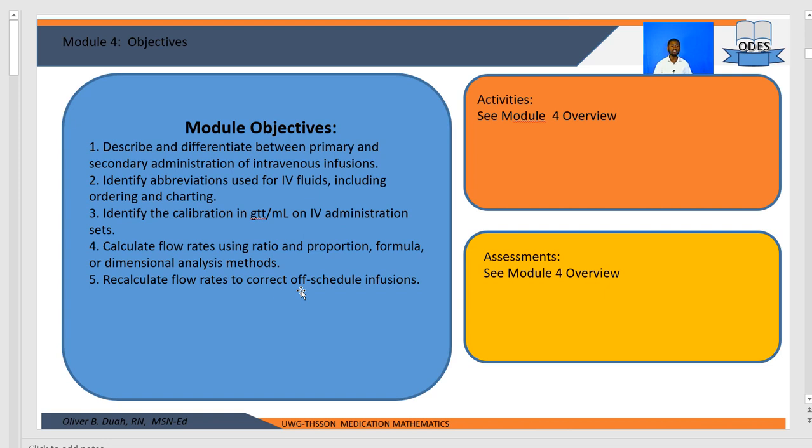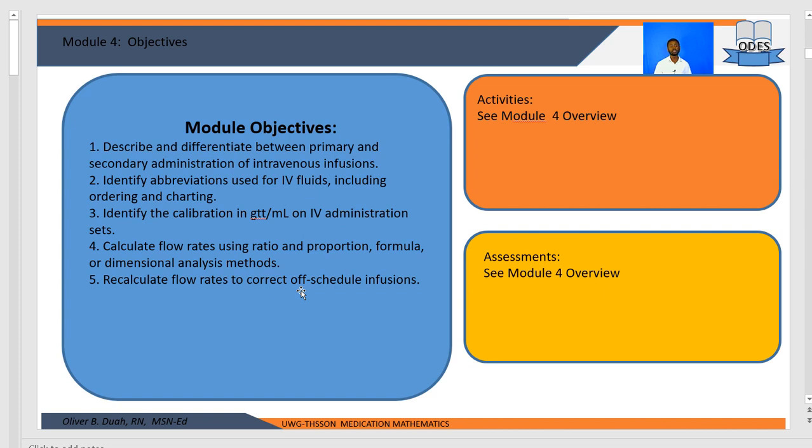Then we have IVPB, which is IV piggyback, which is for intermittent infusions that are moderate in volume, such as your antibiotics. Then we have the IV, which signifies IV continuous infusions, which is for large volumes.